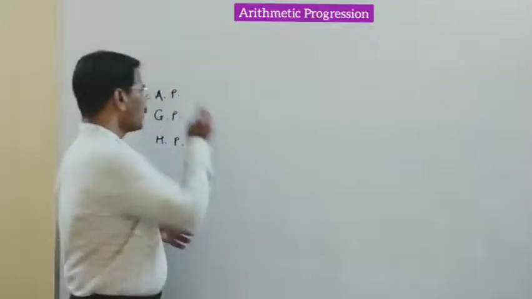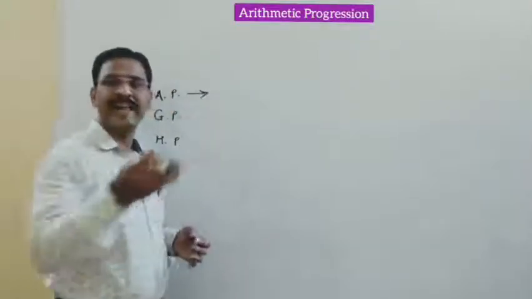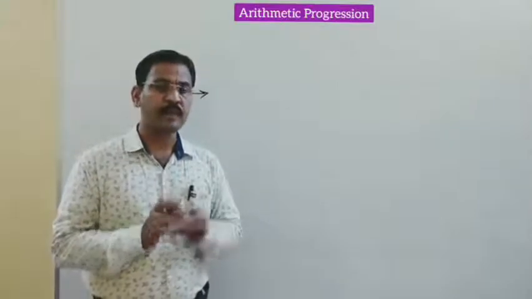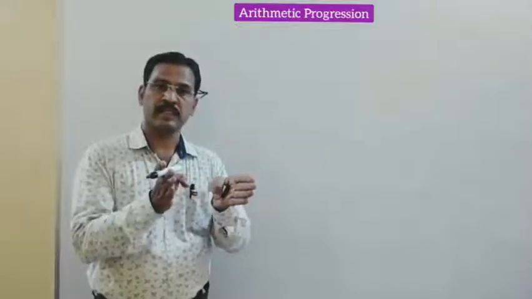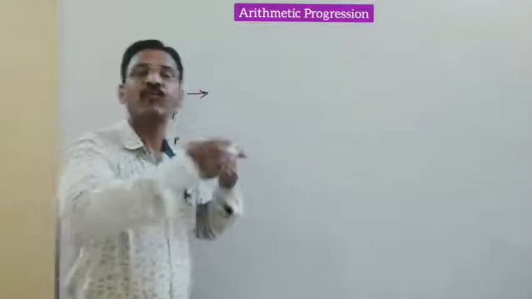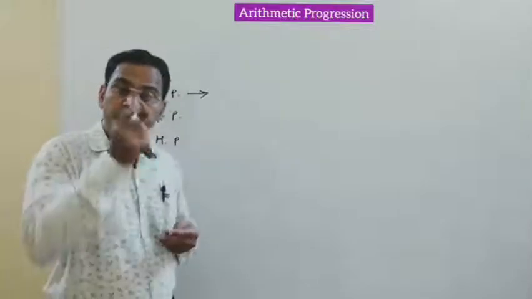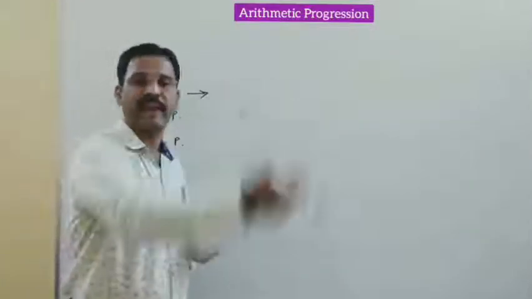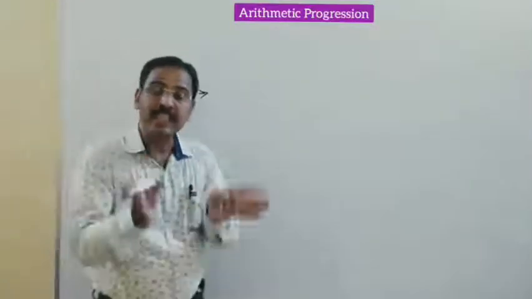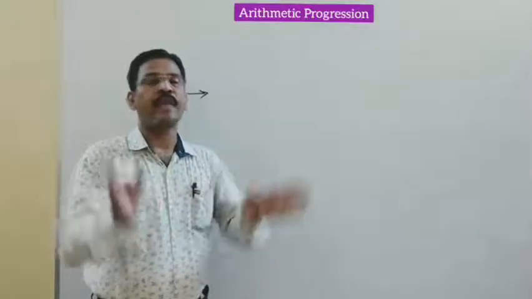Now you can understand what arithmetic progression is. Look here, if the common difference between two consecutive terms is the same everywhere, then that progression is called an arithmetic progression.